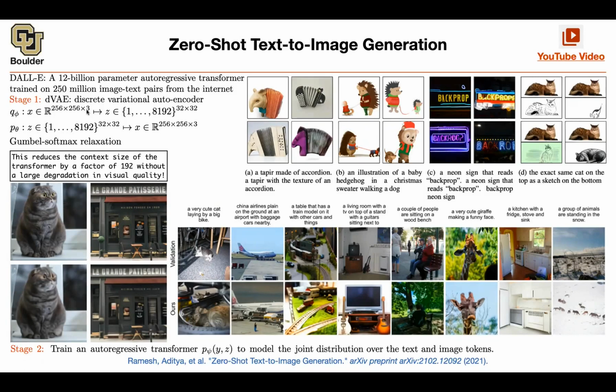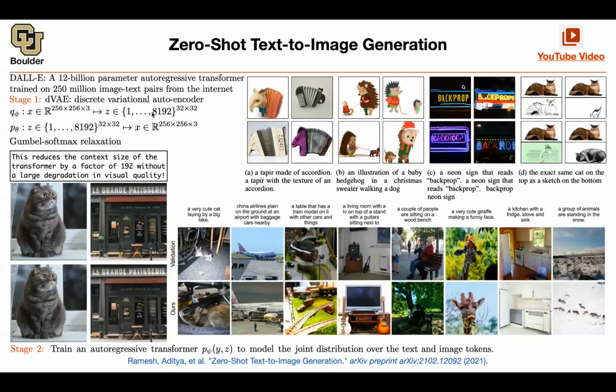There is this idea of Gumbel softmax. It has to do with variational autoencoders. It's a discrete variational autoencoder, and we're going to learn about it, I would say, next session or the session after it. And its job is to increase the number of tokens to 8,192 and reduce the resolution to be 32 by 32.